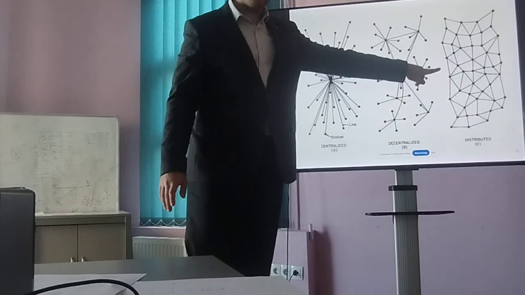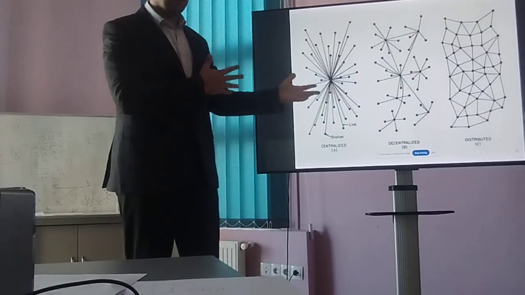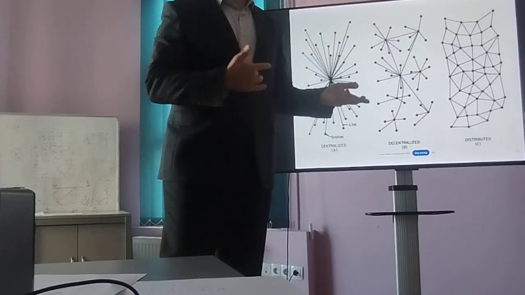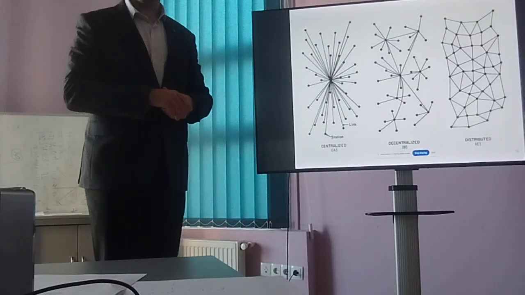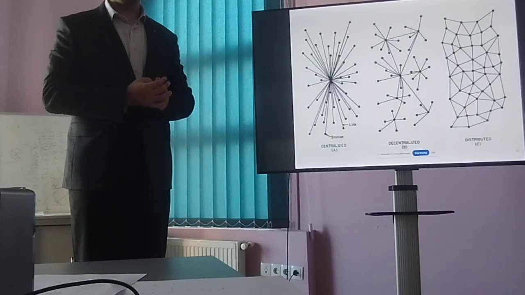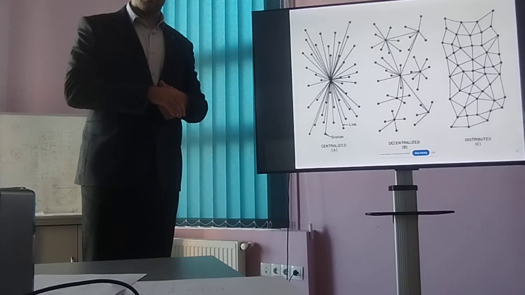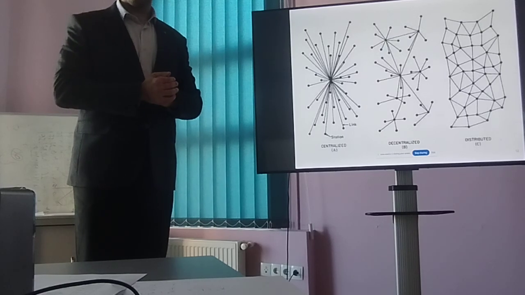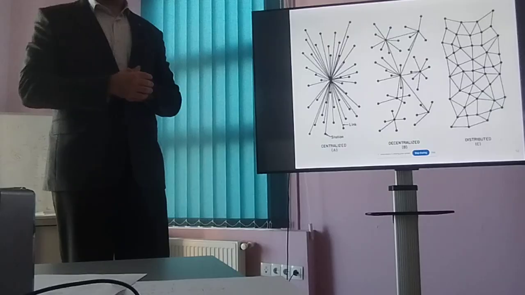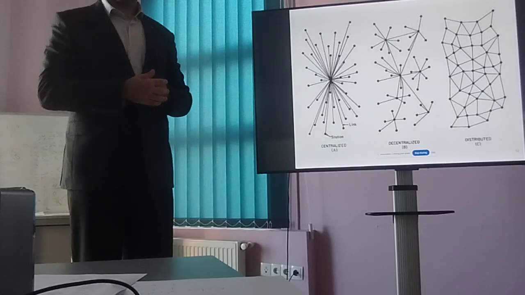Decentralized and distributed. Why do you think we need different architectures of systems? Well, because they act differently. In centralized, they're connected to the center, but not to each other. In decentralized, some sub-centers are connected to the center, but not each other. And in distributed, everything is connected and has no center.